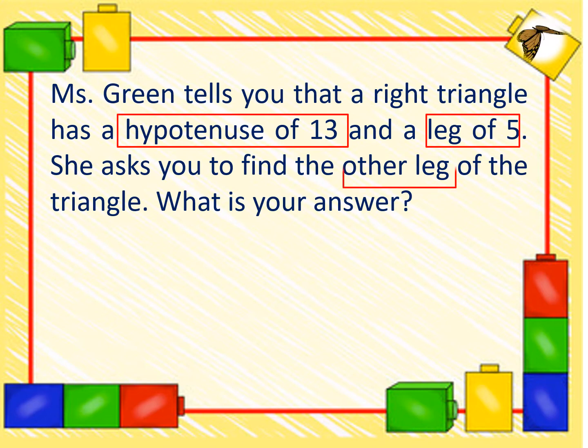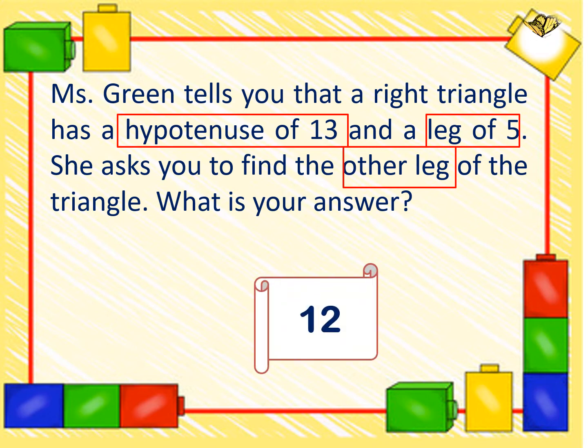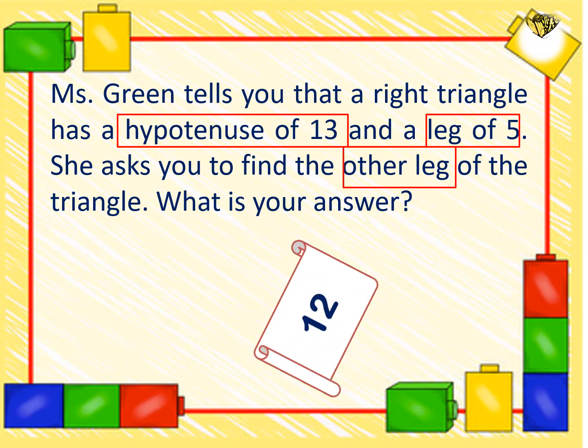Find the other leg, so it's either a or b. We use the formula a squared equals c squared minus b squared. Students, listeners, what is your answer? The answer is 12. That is the answer.